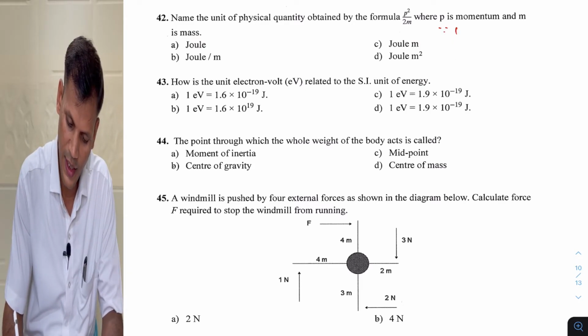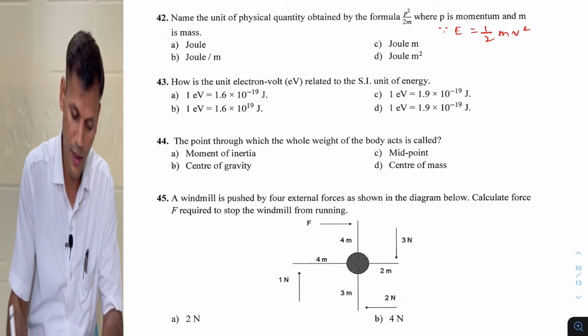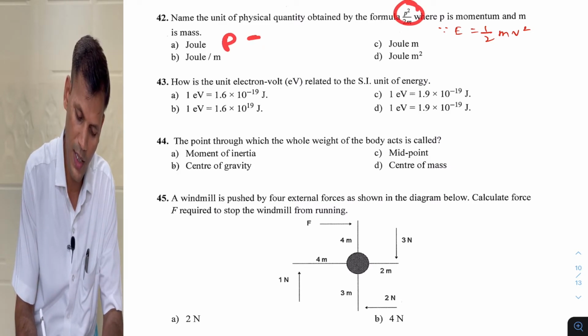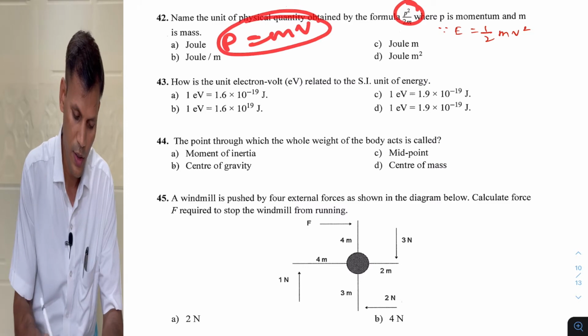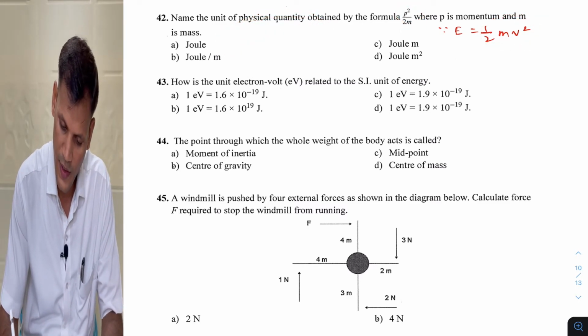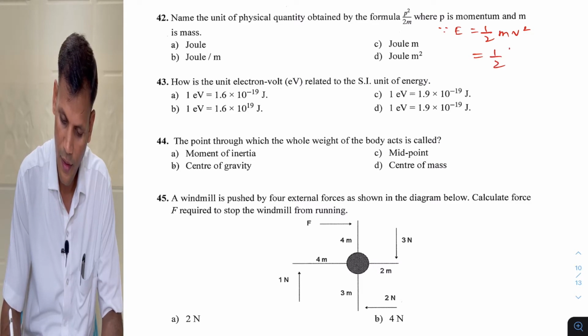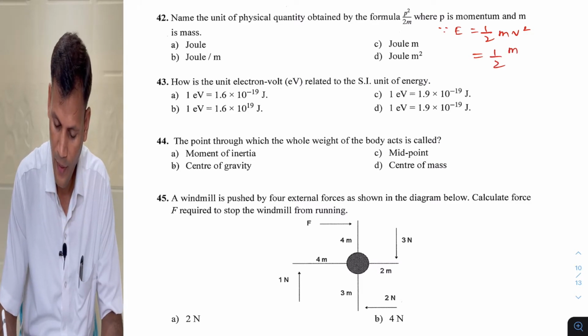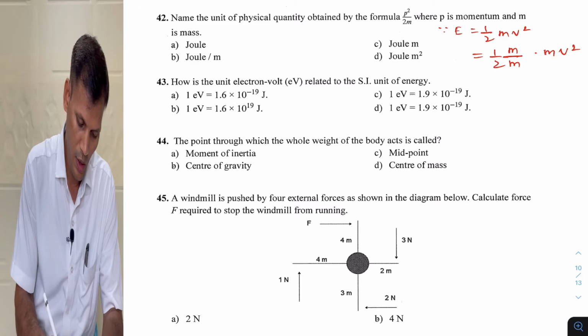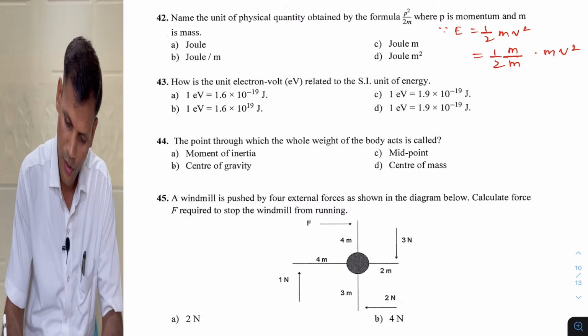Since kinetic energy is equal to half mv square. Now momentum is p, the product of mass and velocity is p. So that we have to write in terms of p. So we can say half m upon m into mv square. Now we can take this value as p square.